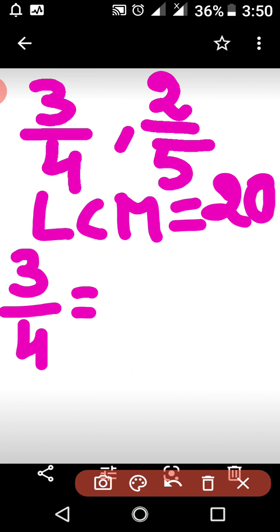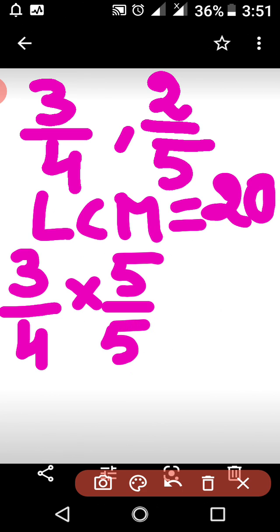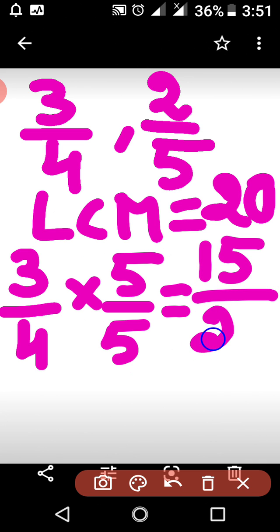Here the LCM is 20, but the denominator is 4. How does 4 become 20? If you multiply by 5, 4 5s are 20. That's why we multiply both the numerator and denominator by 5. We need to check the denominator only, no need to check the numerator. 3 5s are 15 and 4 5s are 20. Now verify that the denominator and LCM are the same.